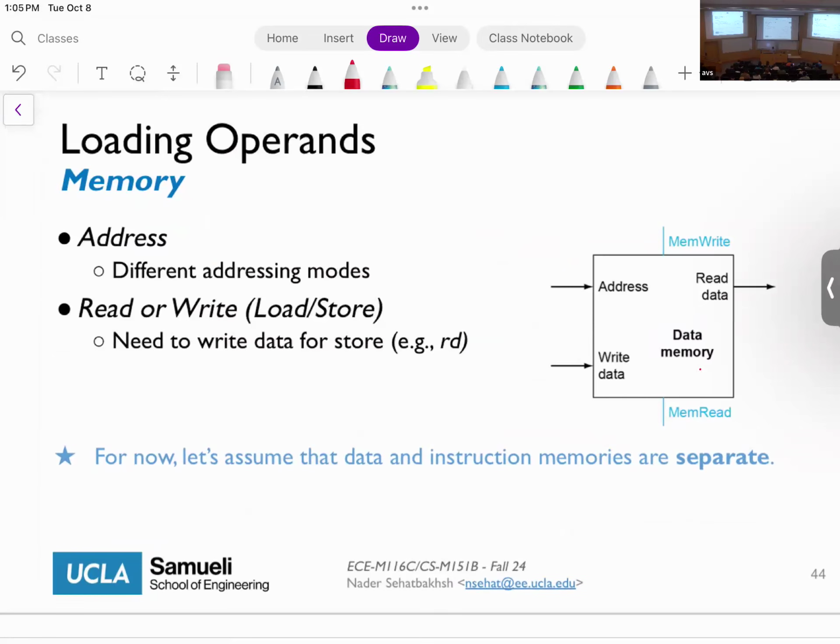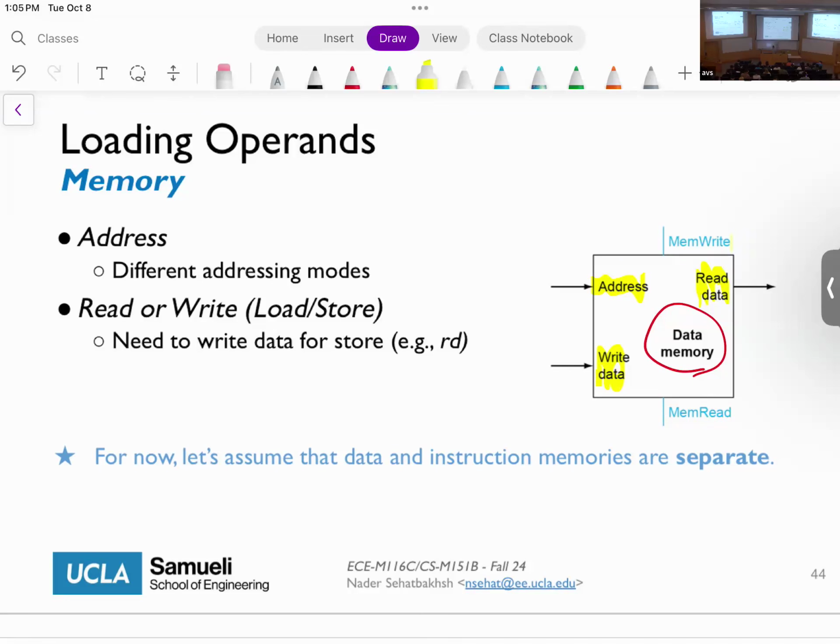Data memory, as I said, is very similar to instruction memory. The only difference is that for data memory, we have address and we have read data, but we also have write data because we can also store things to the data memory. We don't need to store things into the instruction memory. That's why we don't have write data to the instruction memory, but we need to write things to the data memory. So that's why we have this.